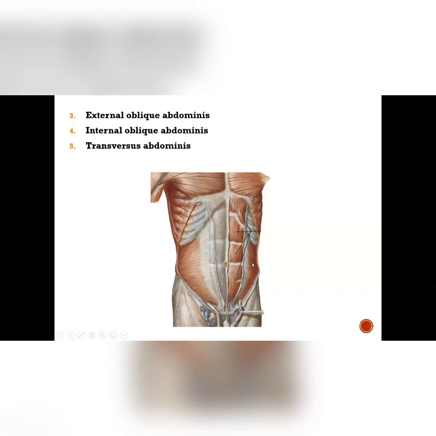The superficial most muscle is called the external oblique abdominis. Deeper to it is the internal oblique abdominis, and the deepest layer of muscle is transversus abdominis. Right now, I am just naming the 8 layers. We will be learning the details as well.